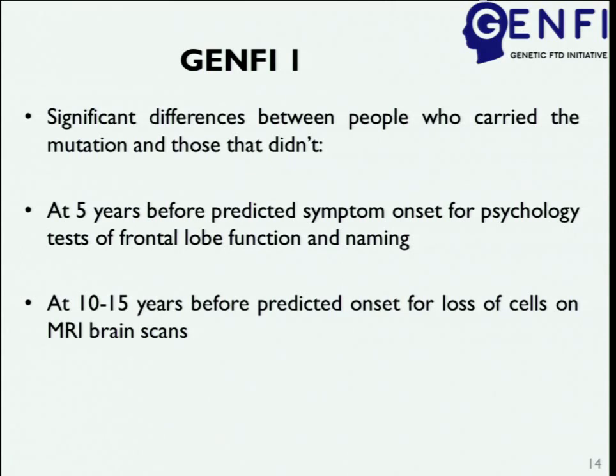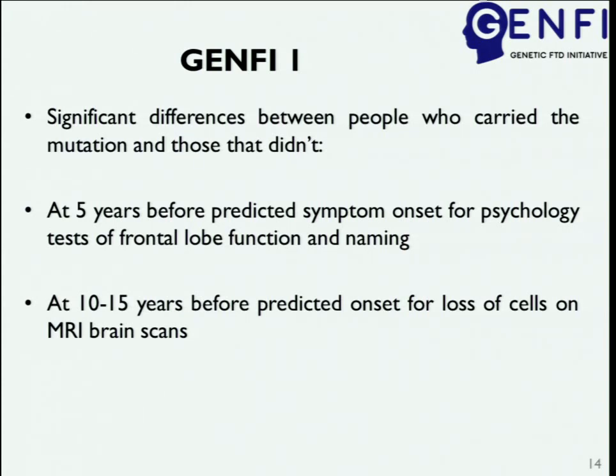That's how we predict when people are going to get symptoms. And we see that, unsurprisingly, people get problems with frontal lobe function, and also problems with naming tests. We can see changes around 5 years before symptom onset. Very subtle changes, but with the large numbers of 220 people, it allows us to see those very subtle differences.